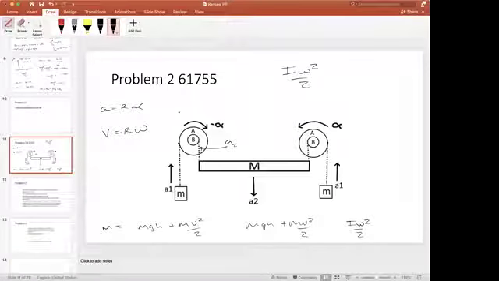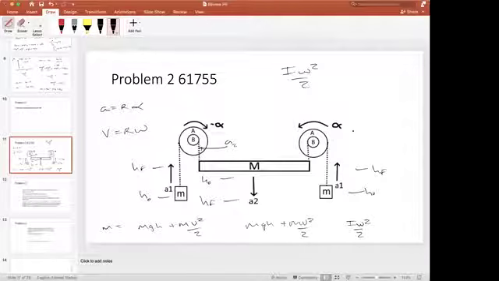So coming back here, if you're going to do it for energy, we're going to assume that it starts from rest. So we're going to assume that this starts at some height and it ends up at some final height. And this one starts at some initial height and ends up at some final height. And it tells you what it is. And this guy starts at some initial height and ends up at some final height that's negative.